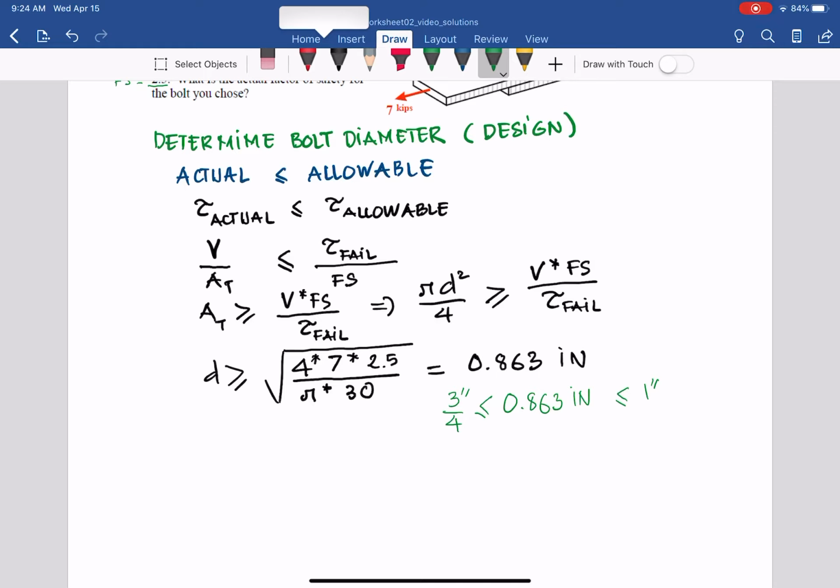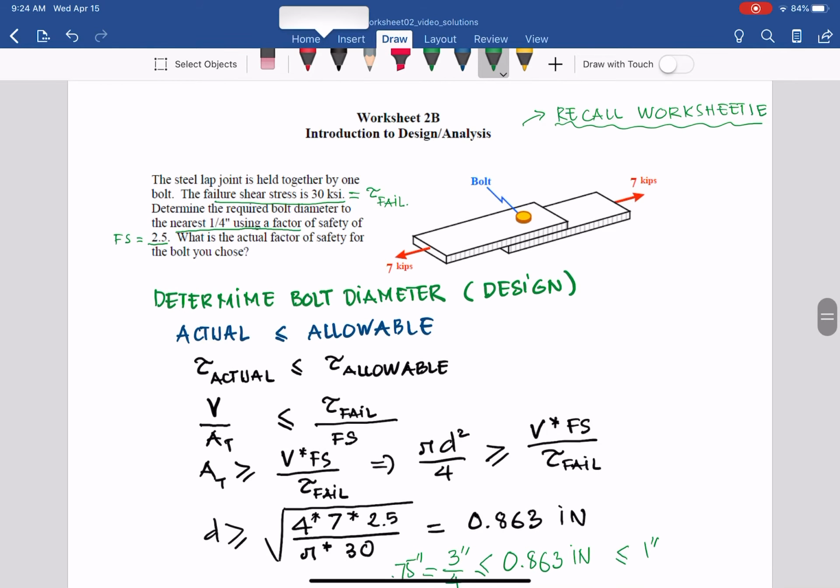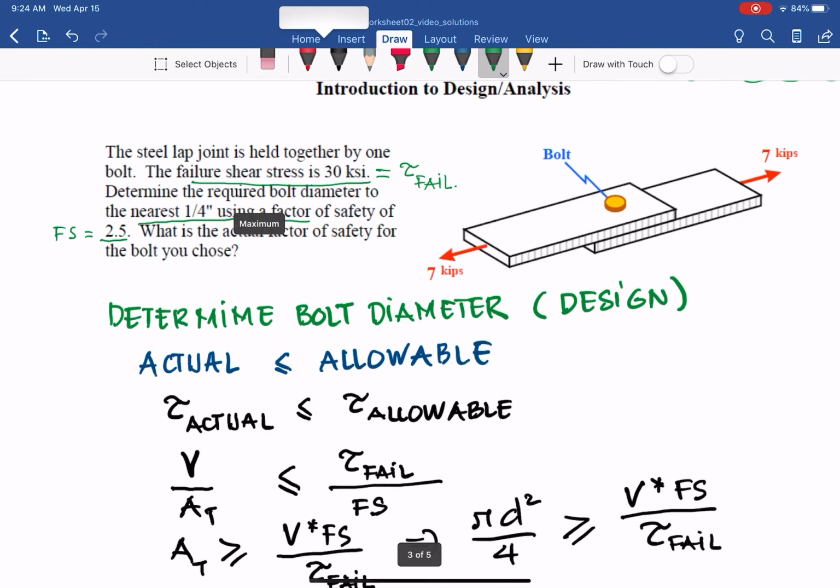See that? Because 3/4 inches means 0.75. And the question is, go to the nearest 1/4 of an inch.